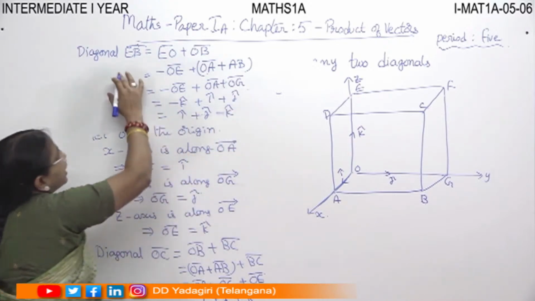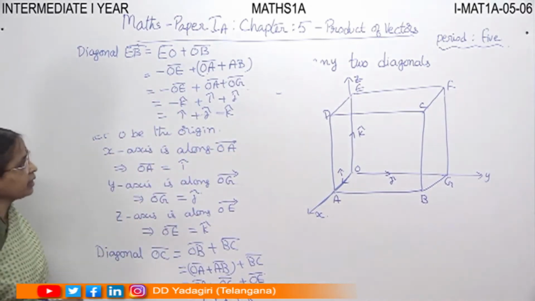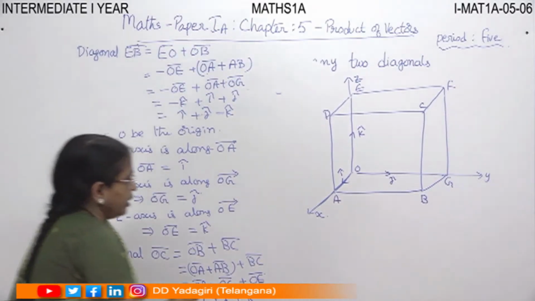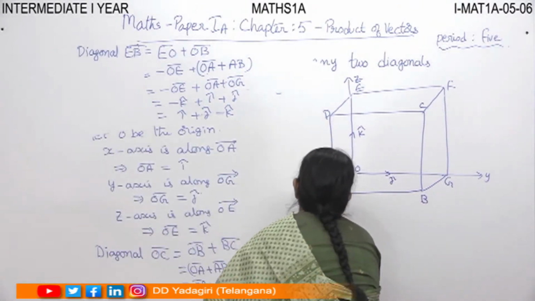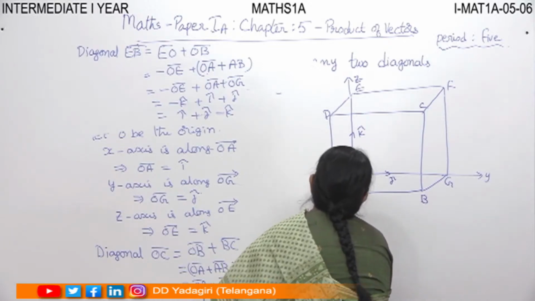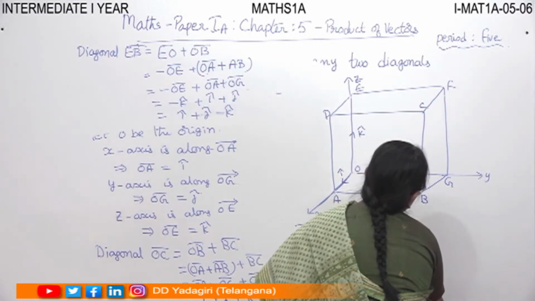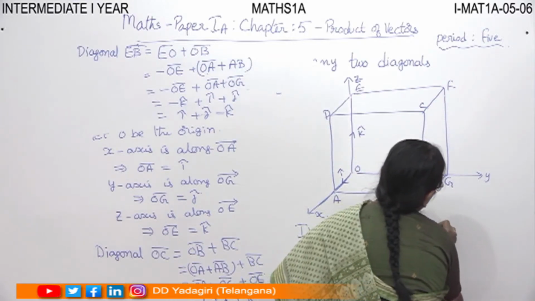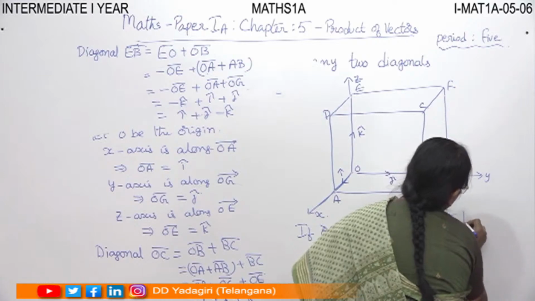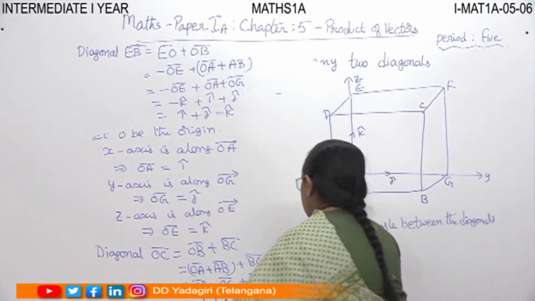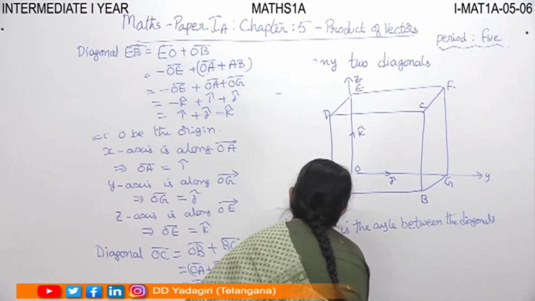So these are the two diagonals. OC is one diagonal and EB is another diagonal. Now we'll write, if theta is the angle between the diagonals, what are the diagonals?